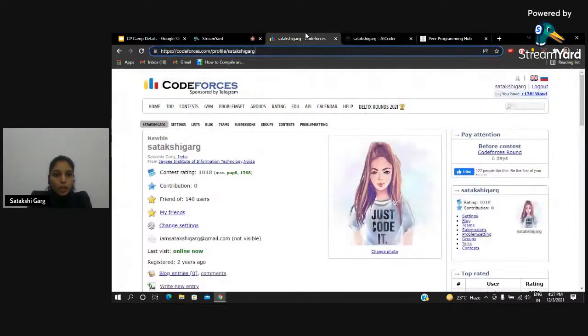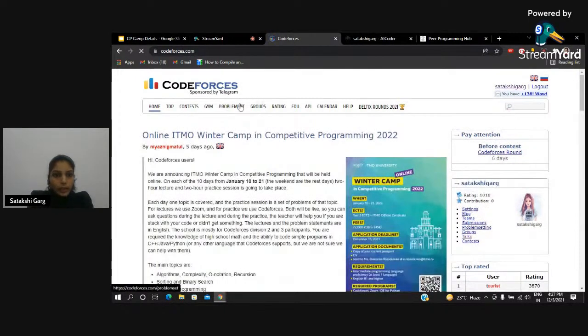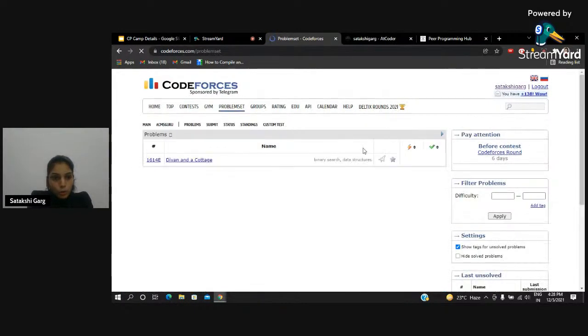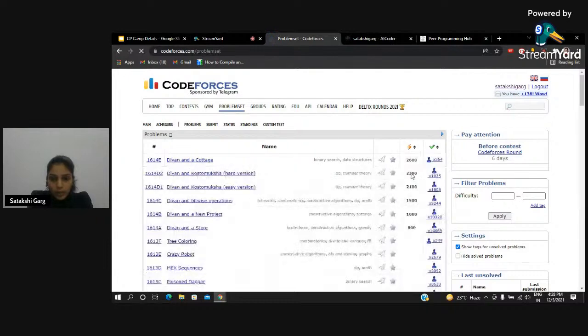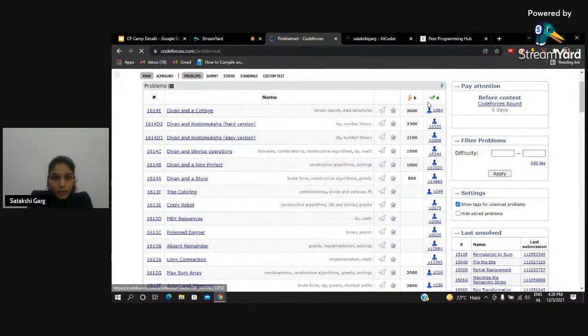Then let's talk about what problem ratings are. This is how Codeforces' homepage looks. Here you see problem set. When I click over here, you will see two columns, one under the red mark and the other under the green mark.